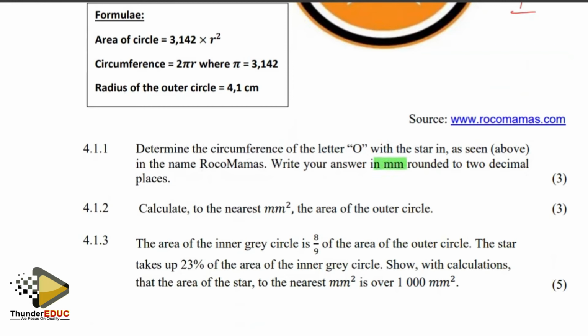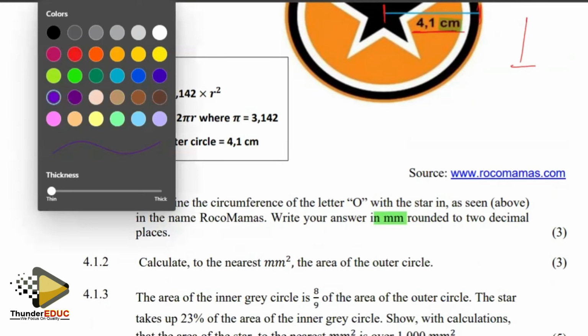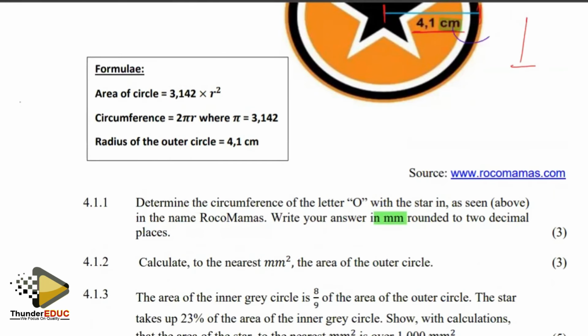In millimeters. When you check very well, the radius given to you is in centimeters. This has to ring a bell. These centimeters have to become millimeters.